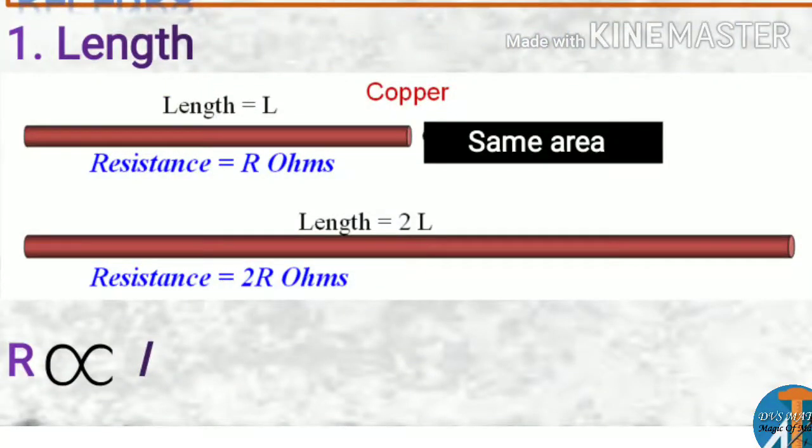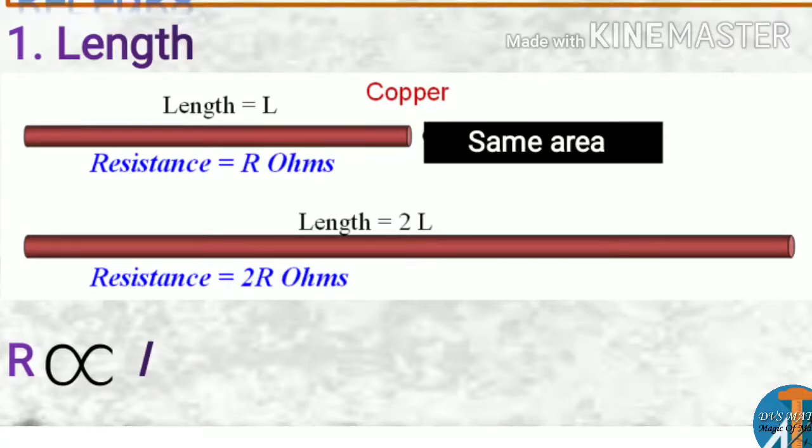So here if you observe, the length of the copper wire is different, but the area is the same. If length is L, we are going to consider resistance as R ohm. Clear? So here length is L, resistance will be R. In the second case, observe the length is more. The area is the same, but we are changing the length. Now the length is 2L, double.